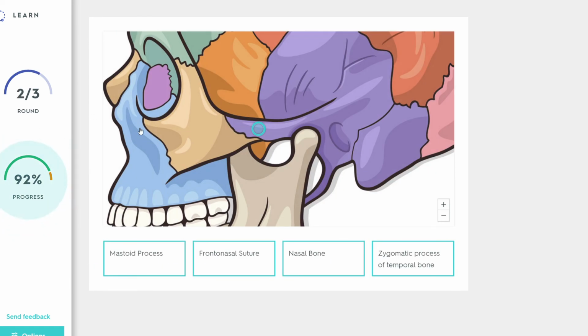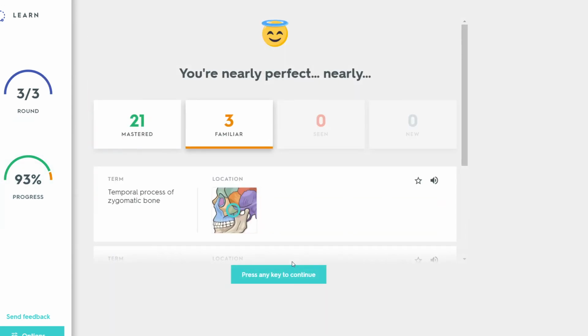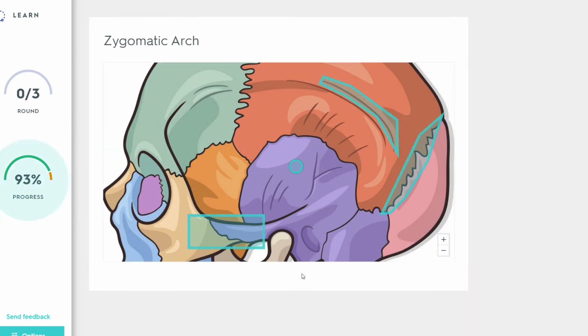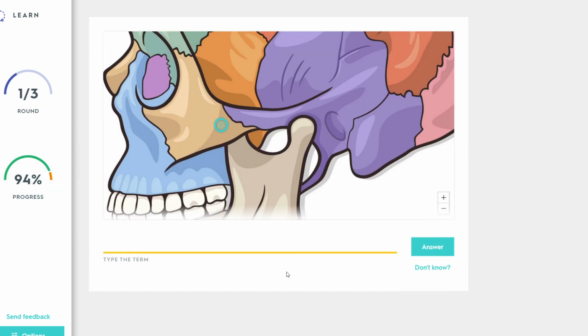Nice, done. Okay, that is the temporal process. No, that is the zygomatic process of the temporal bone. Yep. You're nearly perfect. Oh, that angel thing on the head. That's kind of cute. Zygomatic arch. Okay, I see you. Connecting the zygomatic and the temporal bones. That is what we talked about many times.